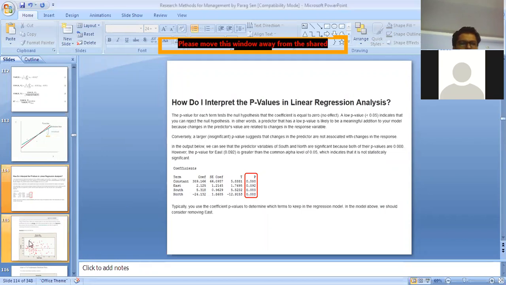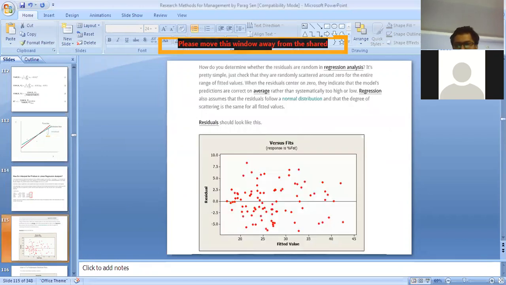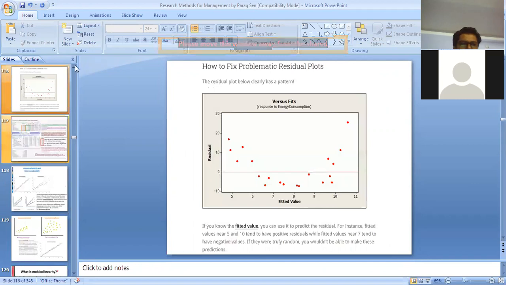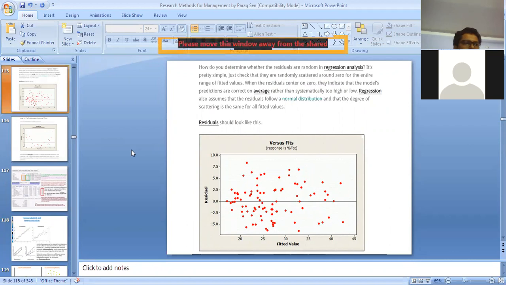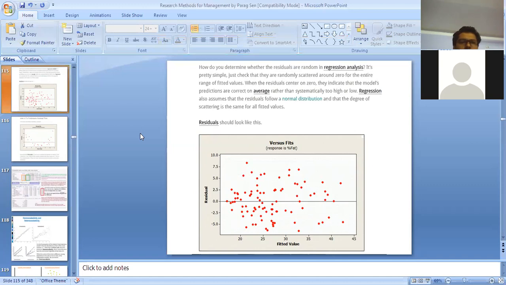Now we will move on to the next slide. I have previously told you that non-linear regressions are not very common, particularly for our research purpose. We basically deal with linear regression.